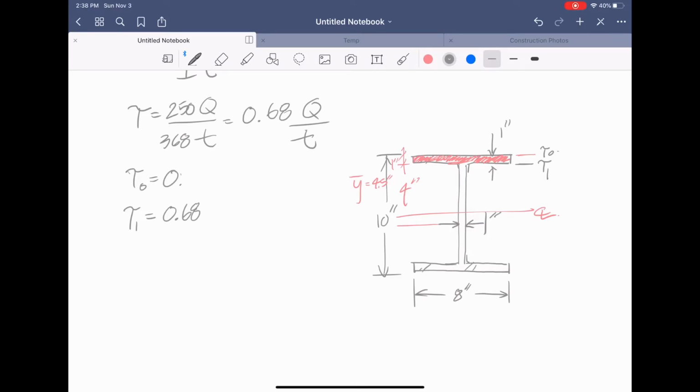The area is going to be 8 times 1, and then y bar, which is 4.5 inches, divided by t. Now the thickness of that top one is 8. And so what you would get there is that tau at 1 inch is equal to 3.06 PSI.